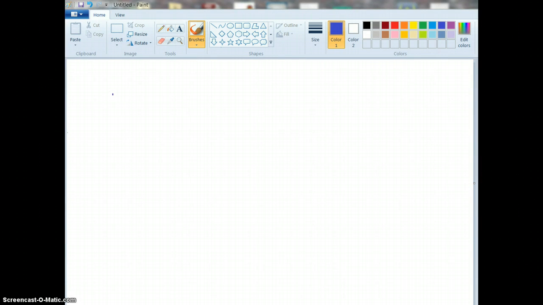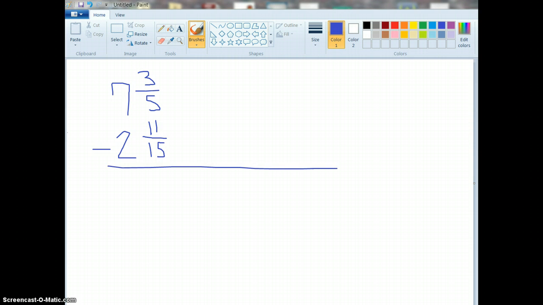Next example, we have 7 and 3/5 minus 2 and 11 over 15. And for this problem, I'm still going to convert both mixed numbers to improper fractions first. So the first one would be 38 over 5.